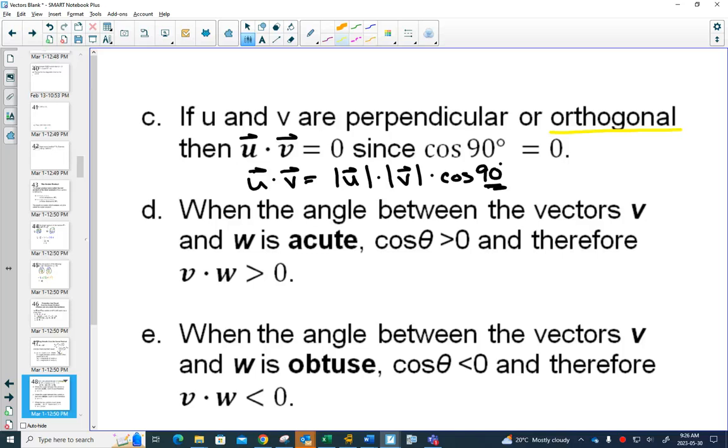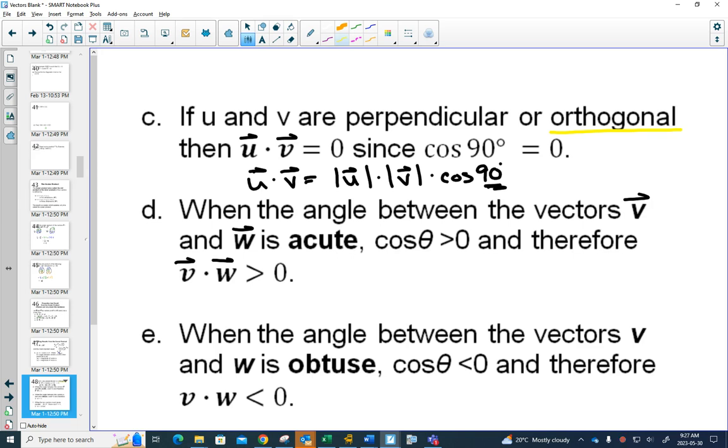Now, if the angle between the two vectors is less than 90 degrees, cos of anything less than 90 degrees is positive. And of course, a length is always positive as well. So if the dot product is positive, then you know that the angle between them is between 0 and 90 degrees.